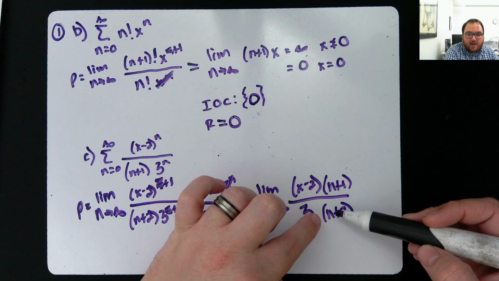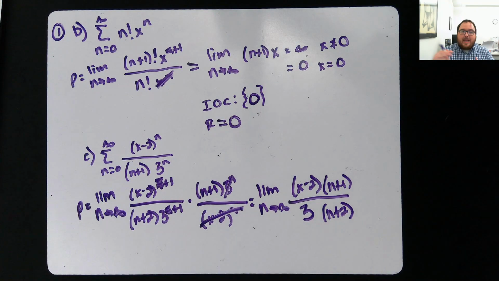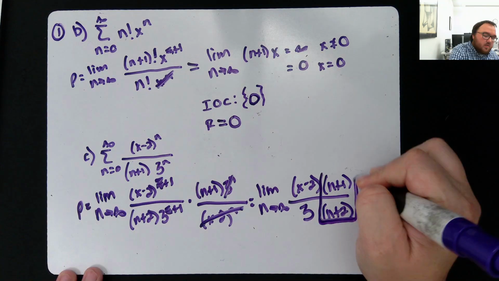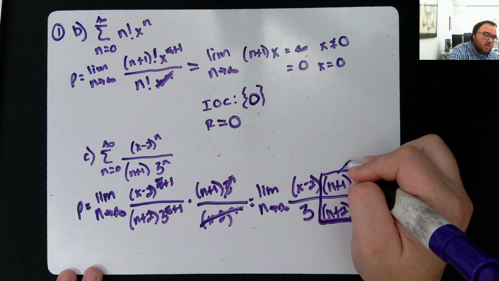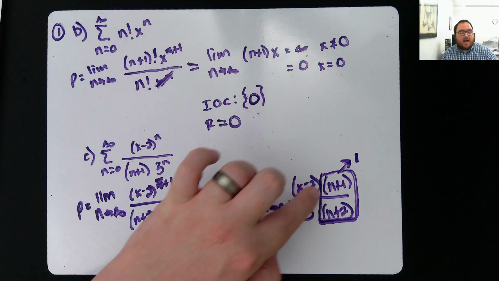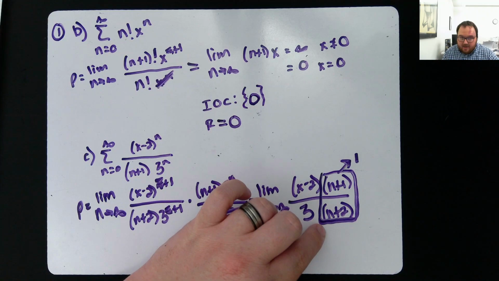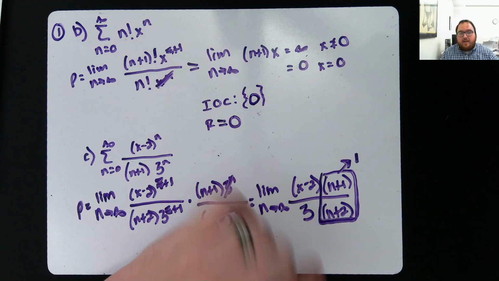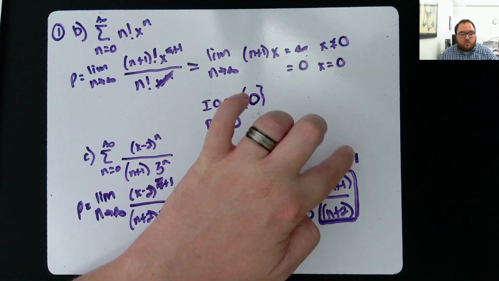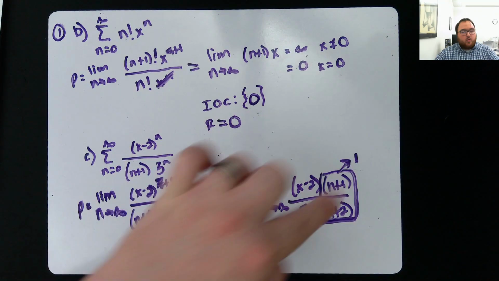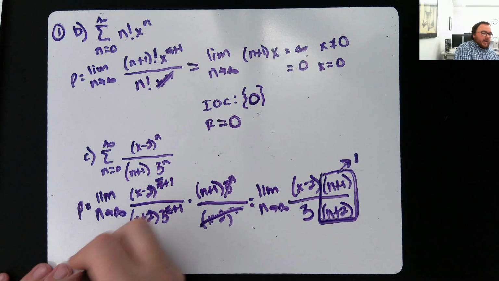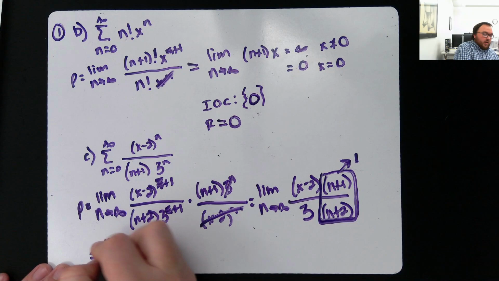So n plus 1 and n plus 2 are growing at the same rate, which means this limit is 1. Again, because my highest term on top is an n, highest term on the bottom here is an n. n over n cancels out, leaving me with just 1. So (x minus 2) over 3 times 1 is just (x minus 2) over 3.